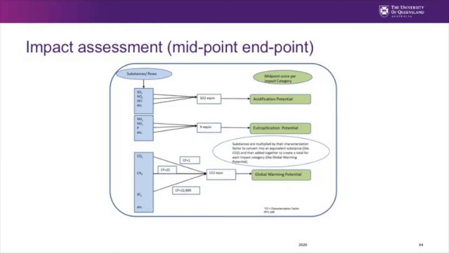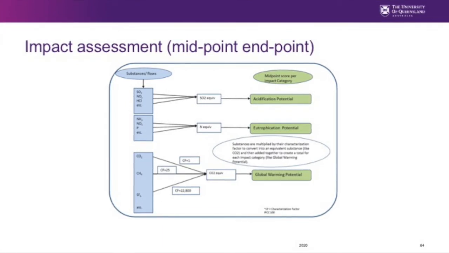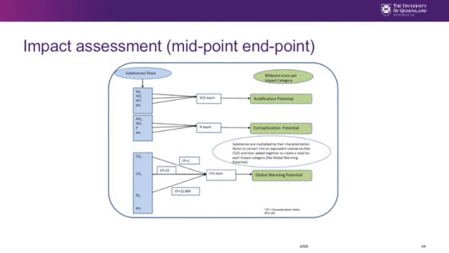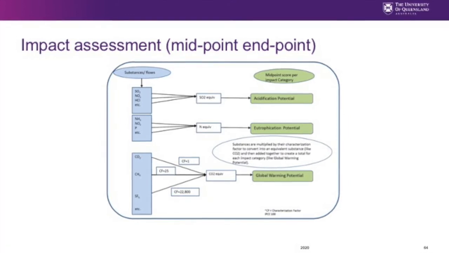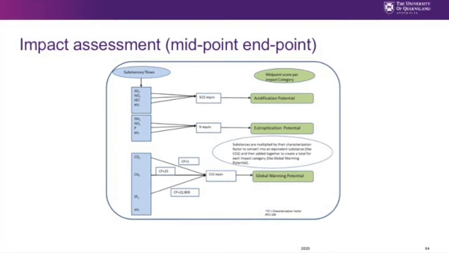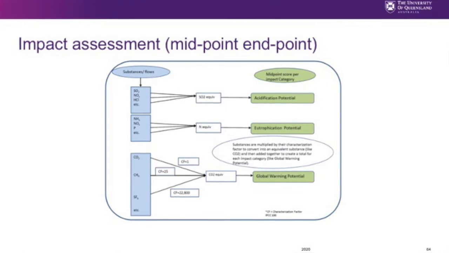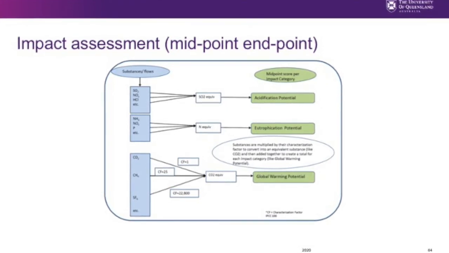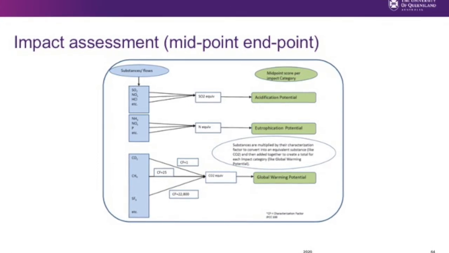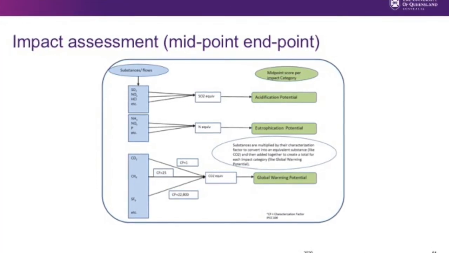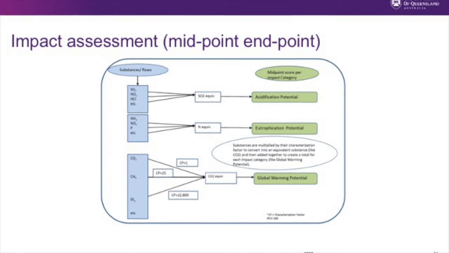To get the impacts, we need to find what the indicators of this impact are. So for instance, if we're talking about acidification potential, the units will be sulfate equivalents, and the substances that we need to look at in our system are sulfate, NOx, and other types of acids such as chlorhydric acid.